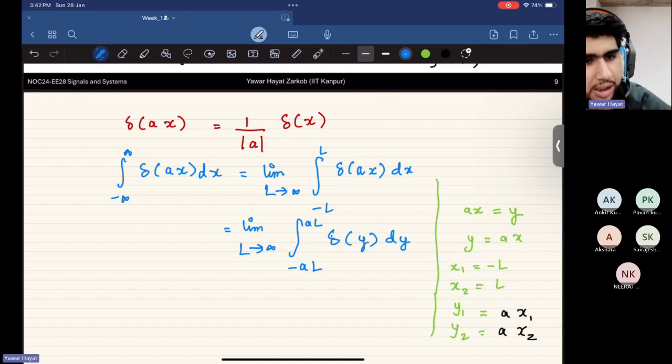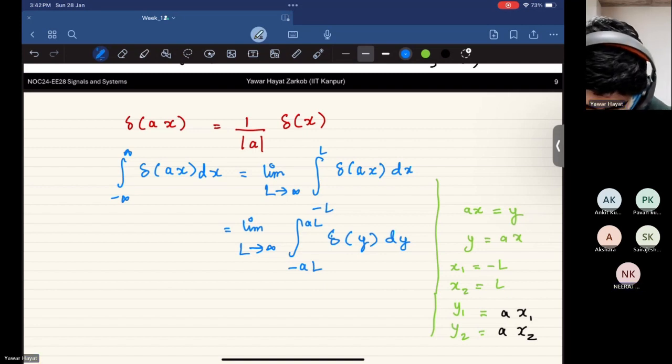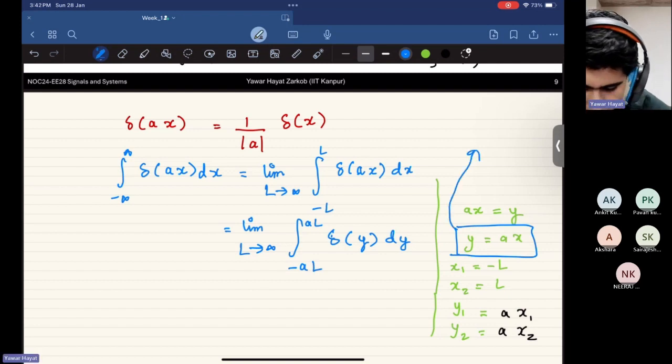Did I miss something? So we have to differentiate both sides, sir. Yeah, then we'll get the value of dy. Fine, glad you could point that out. So y is equal to ax.